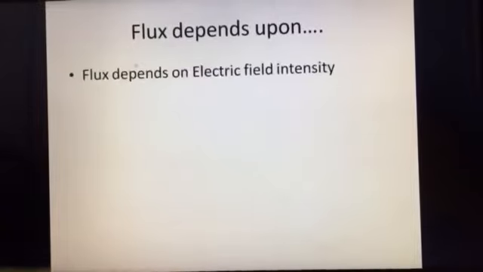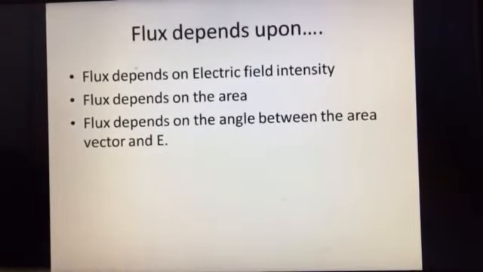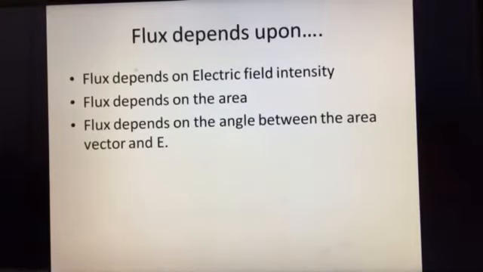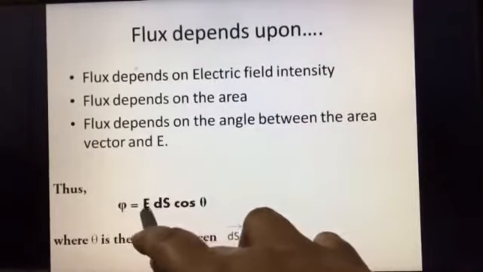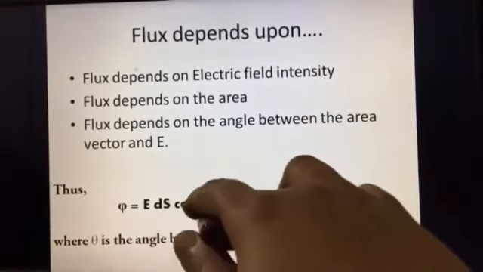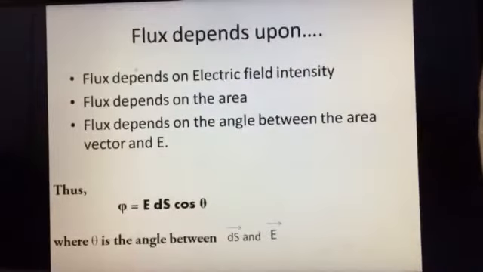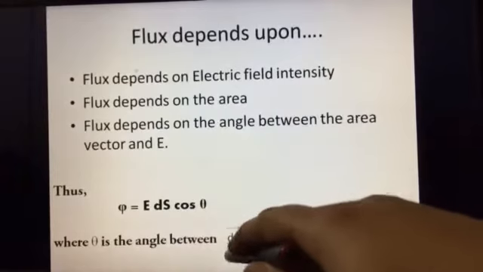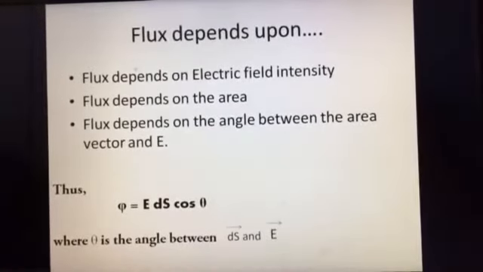Flux depends upon the electric field intensity, the magnitude of the area, and also the angle between the area vector and E. So I get the relation flux is equal to E ds cos theta. This is the flux linked with that small area ds. What is theta? Theta is the angle between the area vector and the electric field intensity.